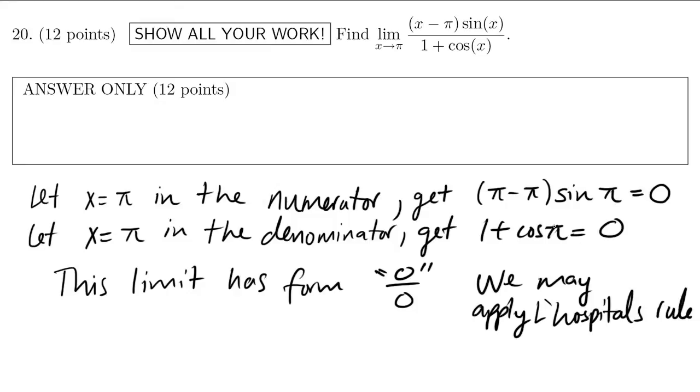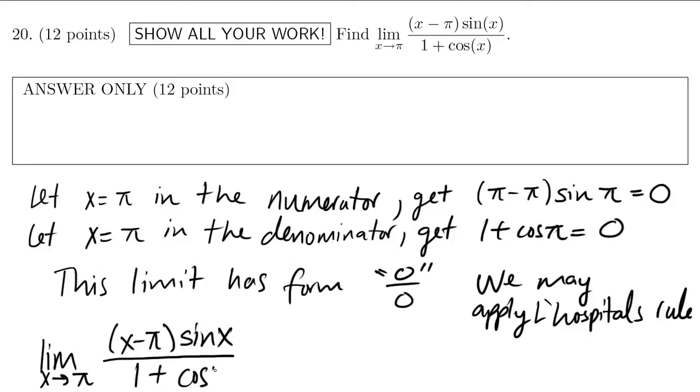So let's apply the rule and see what we get. I'll just copy down the question first. So the limit as x goes to pi of x minus pi times sine x over 1 plus cos x.